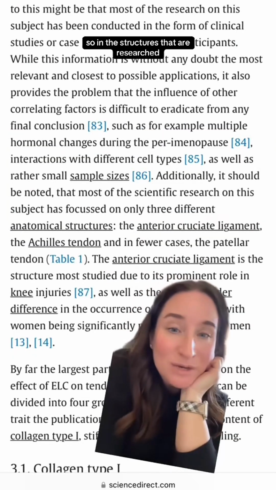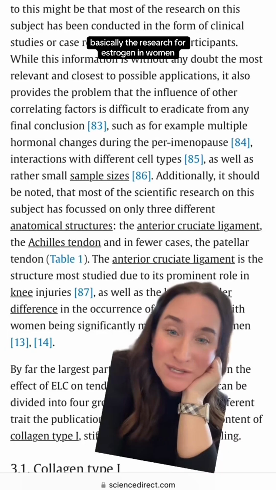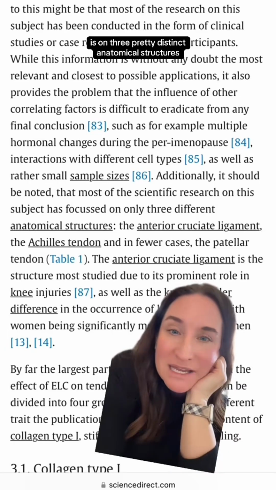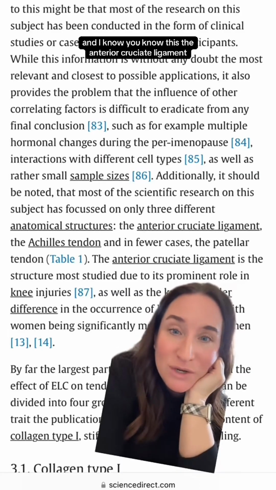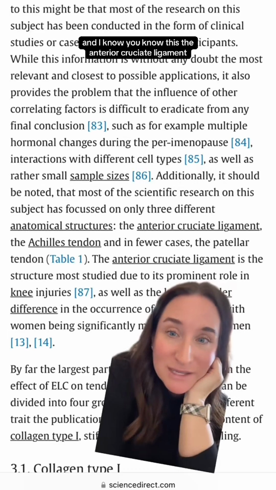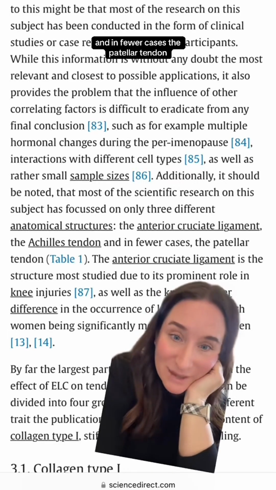In the structures that are researched for how estrogen affects tendons and connective tissue, basically the research on estrogen in women is on three pretty distinct anatomical structures, and I know you know this. The anterior cruciate ligament, the ACL, the Achilles tendon, and in fewer cases, the patellar tendon.